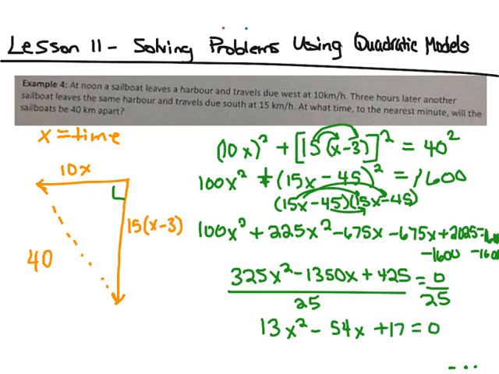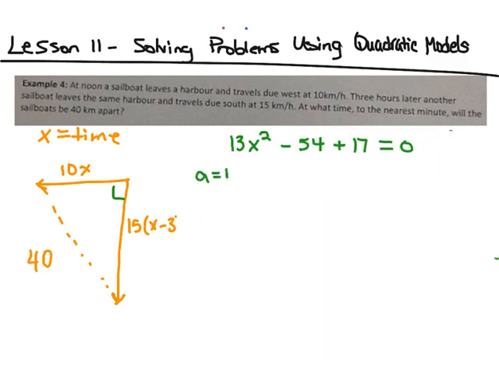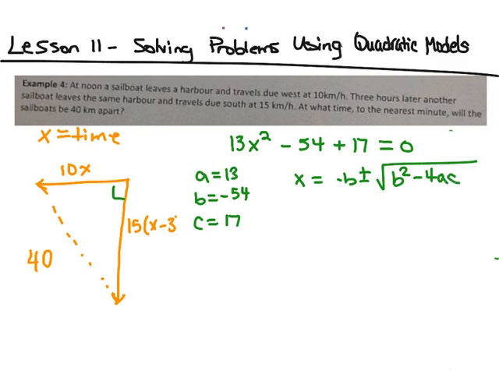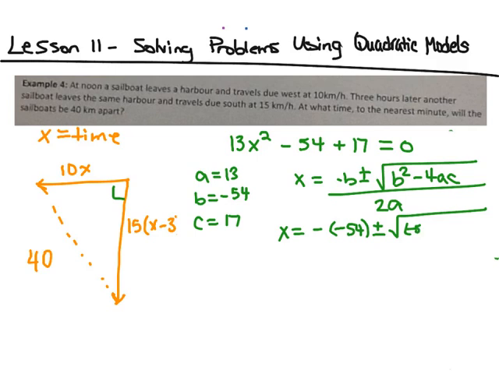So here's our equation, and we're going to use the quadratic formula to solve for x. So a equals 13, b equals negative 54, c equals 17. So x is equal to negative b plus or minus the square root of b squared minus 4ac, all over 2a. So x is equal to negative negative 54 plus or minus the square root of negative 54 squared minus 4 times 13 times 17.